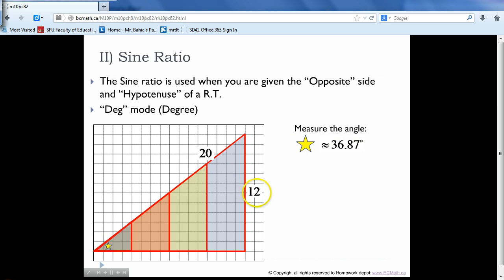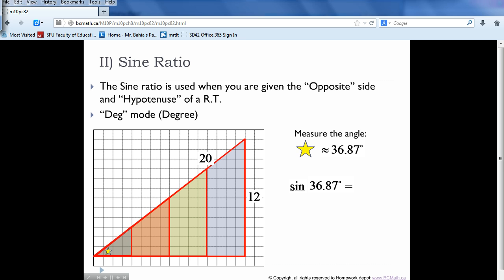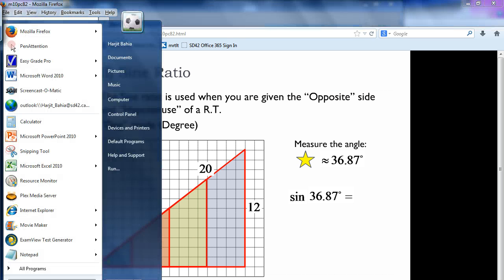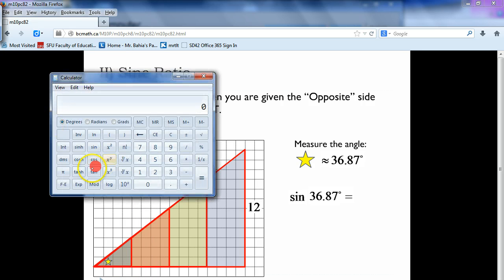The ratio between the opposite and the hypotenuse is 0.6 for all these triangles where they all have the same angle. So what do you think is going to happen when we press the sine button and 36.87? Well, let's do that. So again, there's our 3 buttons, and last time we did tan, this time we're going to do the sine button.